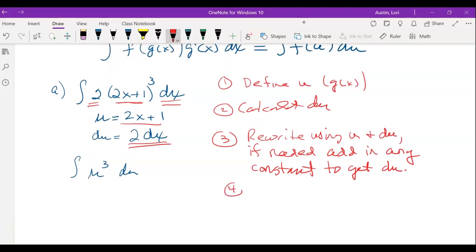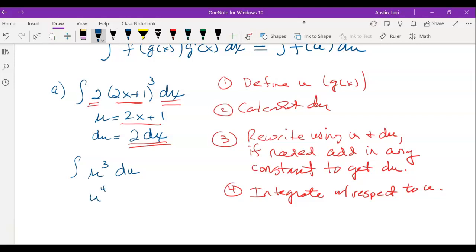So integrate with respect to u. What's the integral of u cubed du? Integrate with respect to u. That means it's all u's now. So what does that come out to?